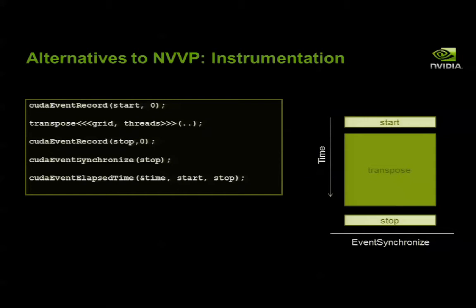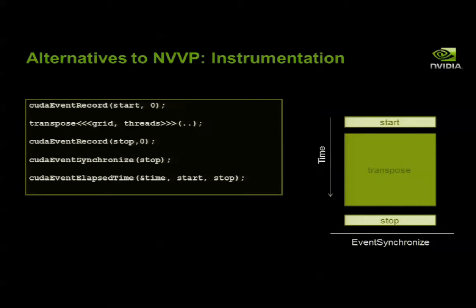And then another option is to actually instrument the code. I've talked quite a bit about the different streams that you have, the streams of execution. Now there's a mechanism to insert so-called events, like small tags, into the stream of kernel launches.